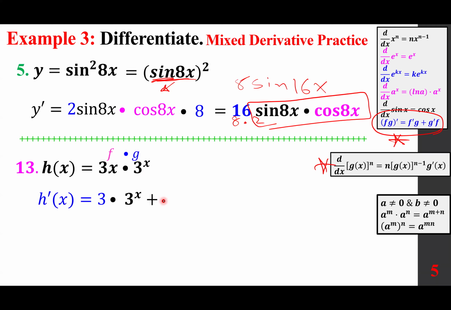Any exponential first you write itself. Then the base is not e, you need ln 3. This is done times f prime 3x. So we are looking at f prime g. So this is f prime g plus g prime f.